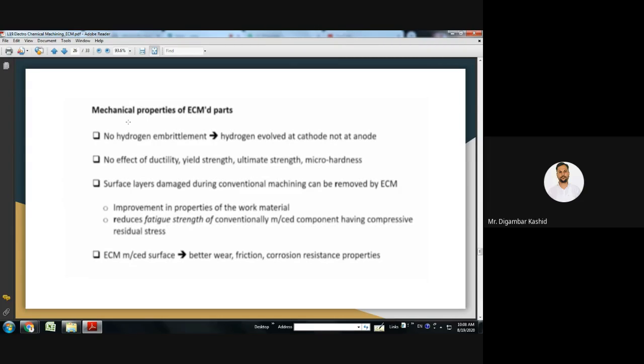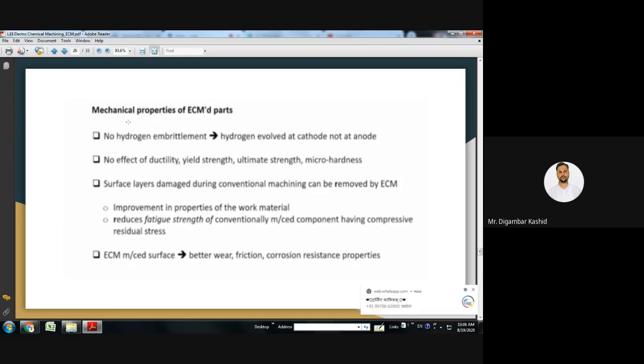As we know, during this ECM process there is formation of hydrogen gas. So there could be hydrogen embrittlement during this process, and the hydrogen or gases evolved at the cathode, their effect we should know.